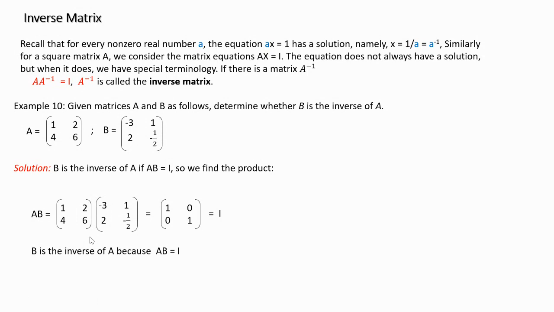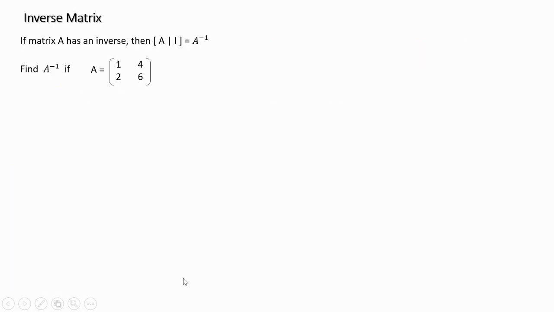But with the calculator, it's a simple procedure. Once you know it, you can get the answer within seconds, depending on how fast you can punch in the entries on the calculator. Okay. So here A times B does give you the identity matrix. So B is an inverse of A.